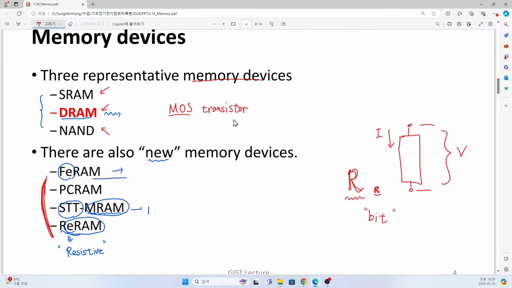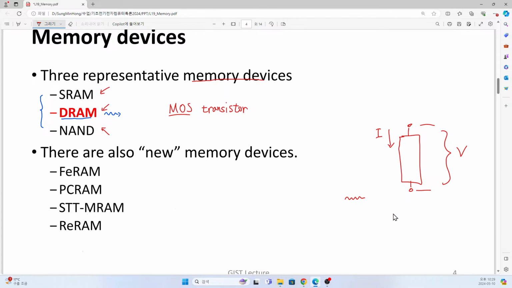So let me explain one by one. Okay, so today's main topic is DRAM. So I will explain the structure and some consideration and operation of DRAM devices. But let me just explain a little bit further about the other two ones.